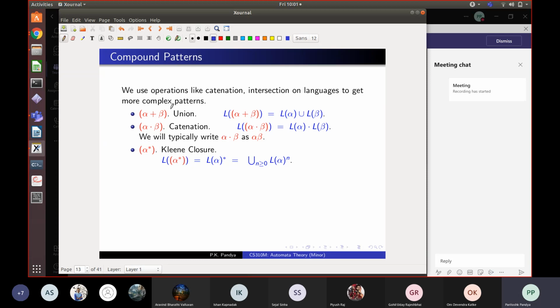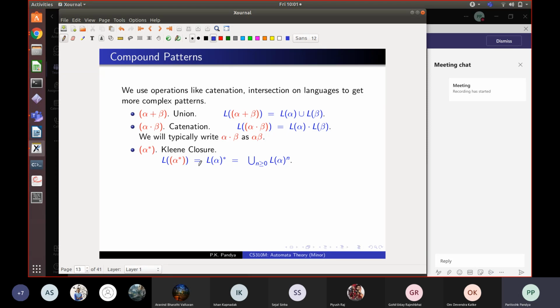By the way, there is a subtle point here which we already saw. This symbol red plus denotes union on the languages. This symbol red dot denotes the catenation in the languages, and this symbol red star denotes Kleene closure on the languages. Right? So the symbol and its meaning, the red and the blue, should be clear to you.